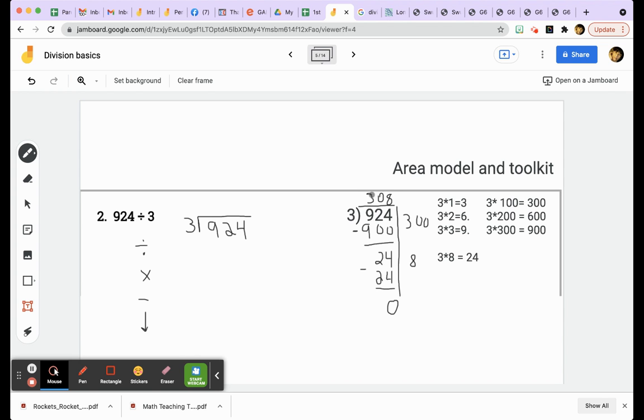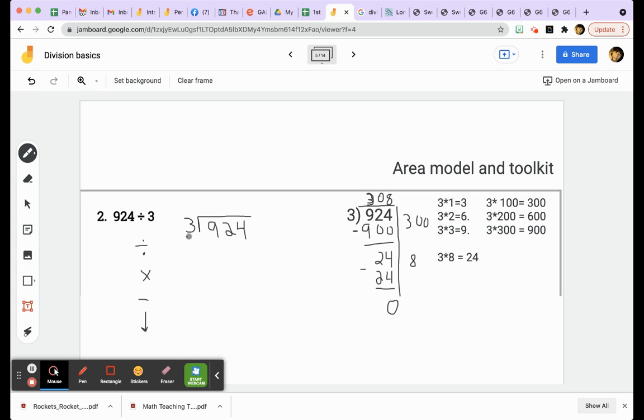So now let's check and see if I use the standard algorithm of divide, multiply back, subtract, bring down, if I get the same answer that I have here. So again, I look at my dividend and I have 924.